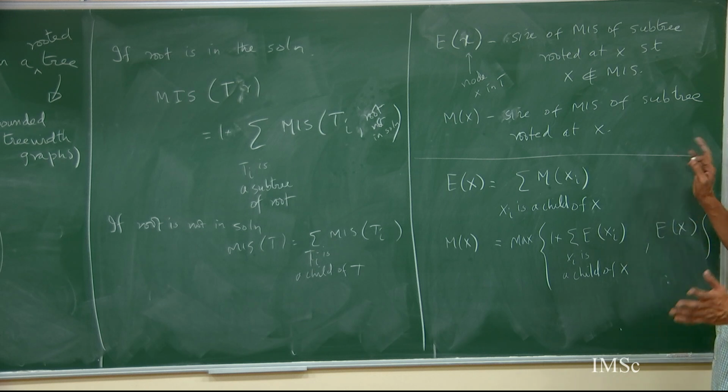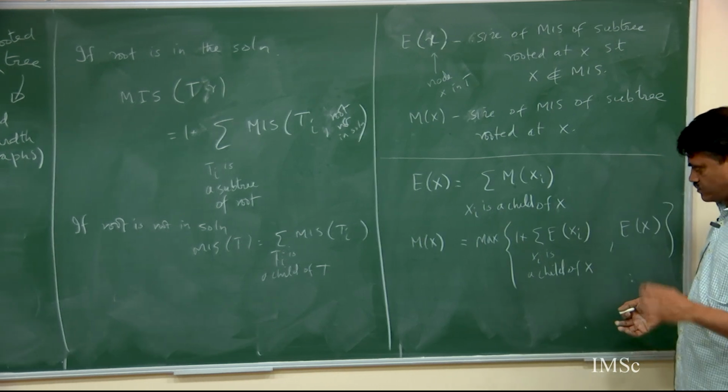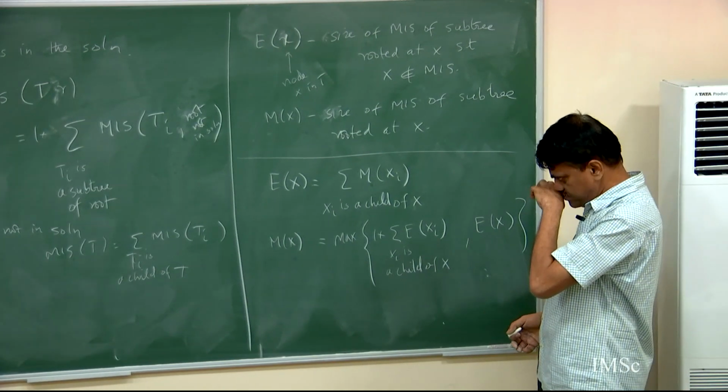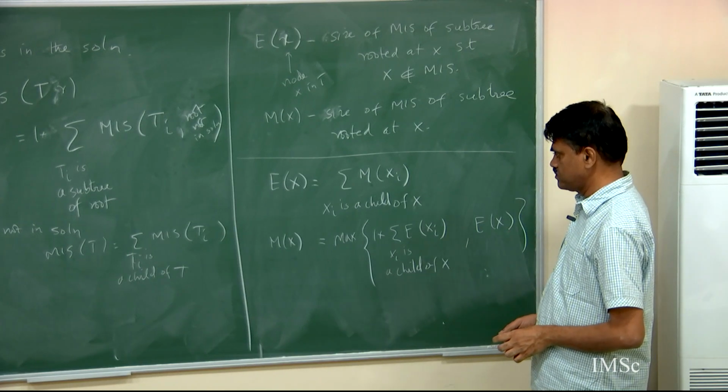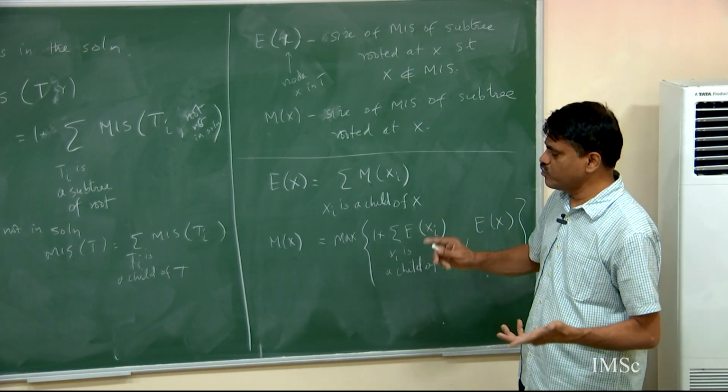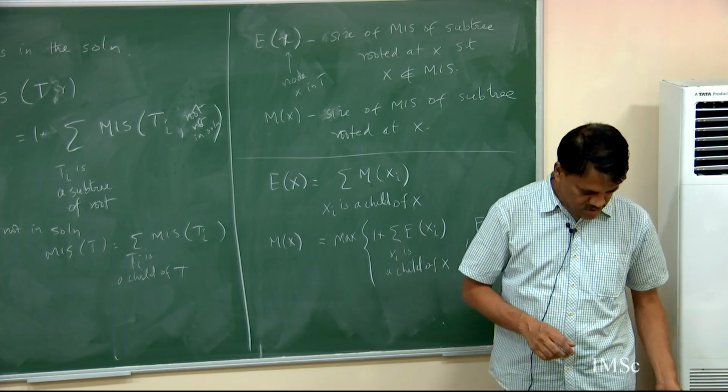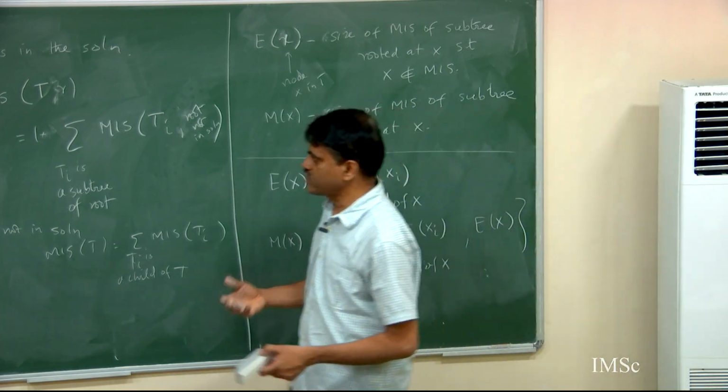So now, what I really want, what is my goal output? M of the root, right?